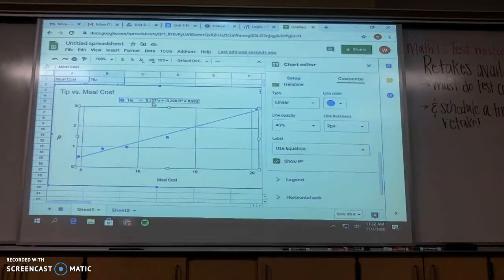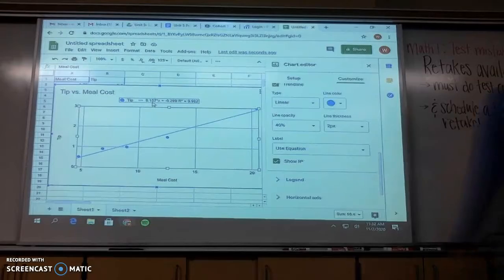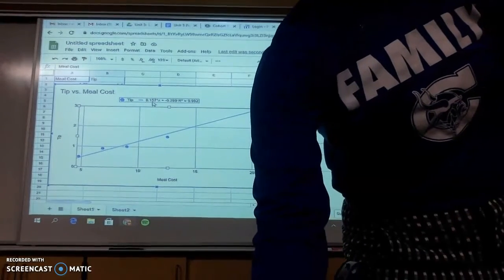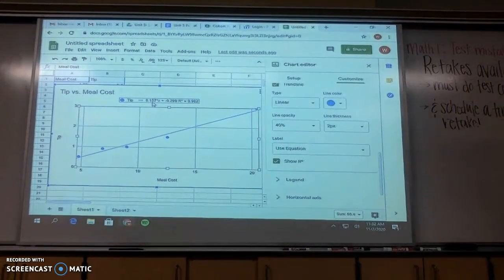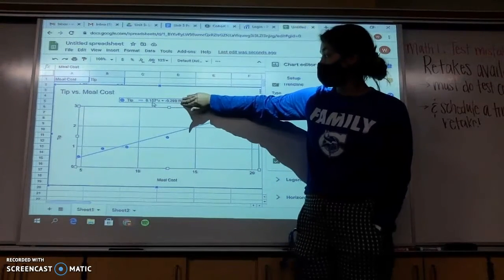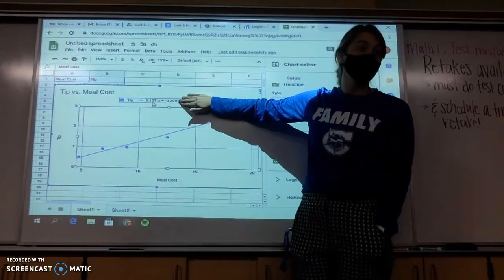So to find the equation, you have to use the use equation label and the show R squared. So this part right here is my equation.